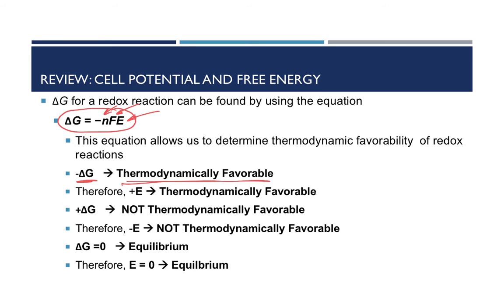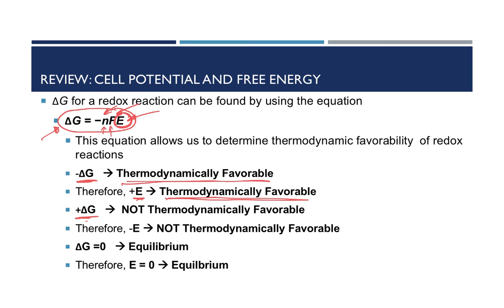Well, how do I get a negative ΔG in this equation? The number of moles is always positive. Faraday's constant is a constant. So it all depends upon the sign on the cell potential. If the cell potential is a positive voltage, it's thermodynamically favorable, a spontaneous reaction.